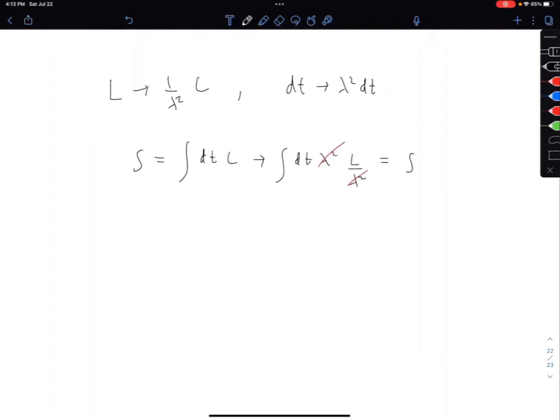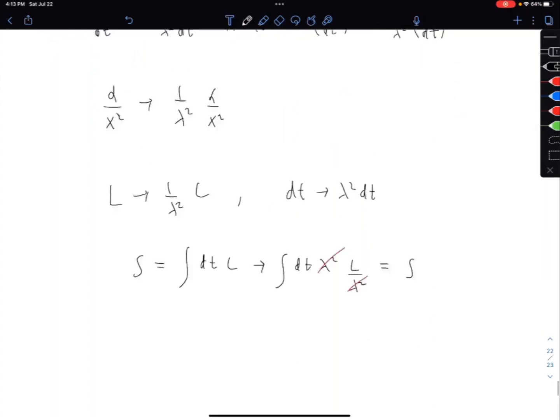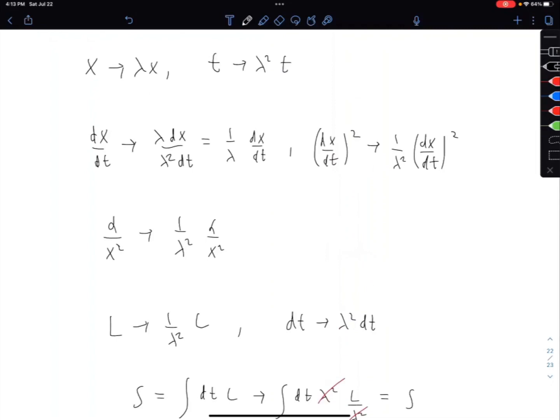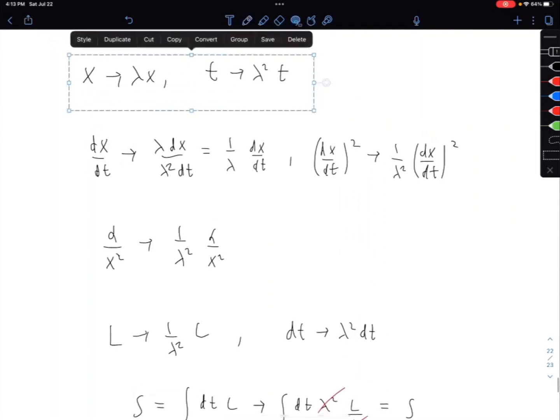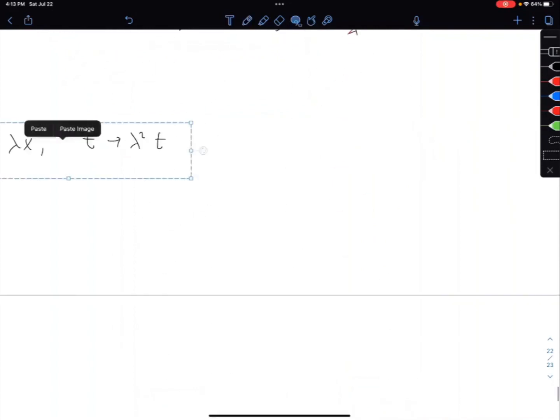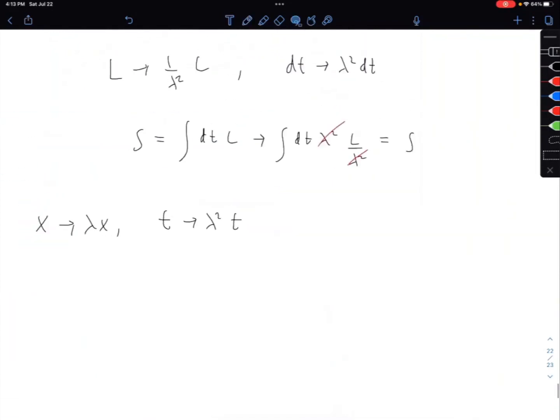Okay, and now let's read off the conserved quantity. To do that, we need to expand this transformation around the identity, right? What it means to expand around the identity is you say lambda is going to be 1 plus some small epsilon, because when epsilon is 0, you have the identity.